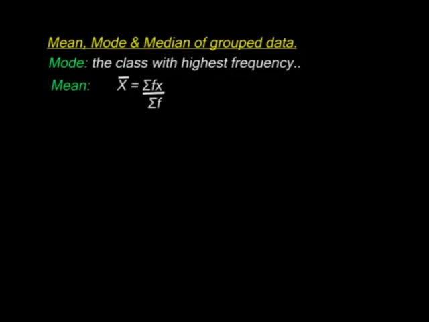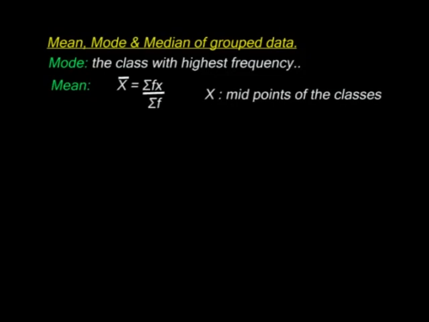However, you may ask what will be x in this case. For instance, given a class of 0 to 9, within that range, what will be x? Now, in a grouped data, x is the midpoint of the classes. For the above, it shall be 4.5, that is 9 plus 0 divided by 2.